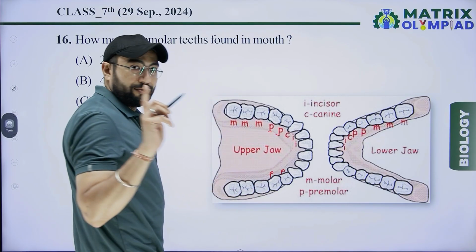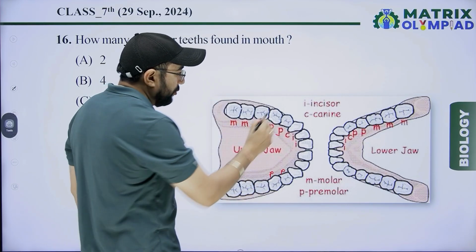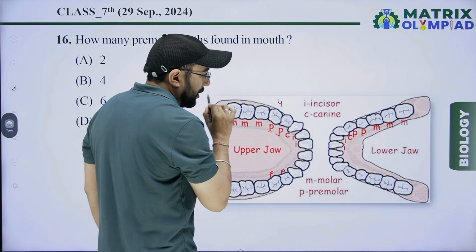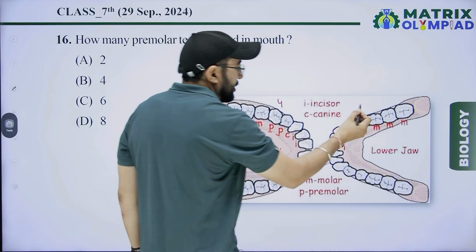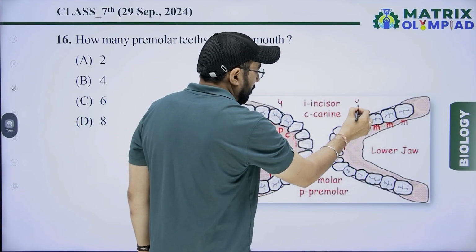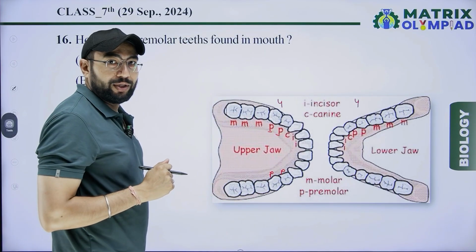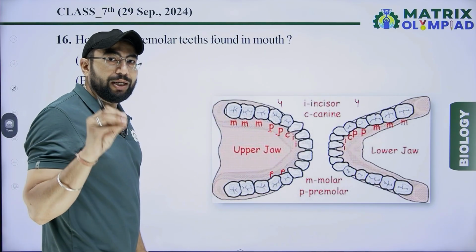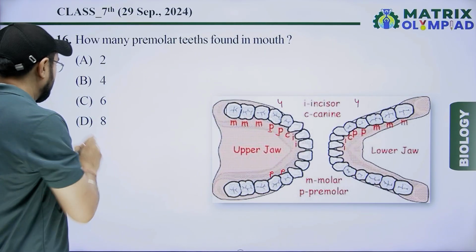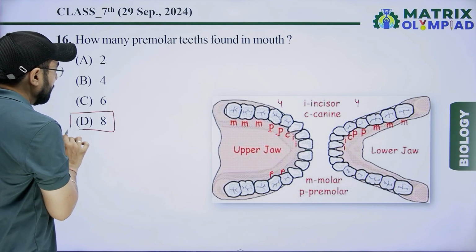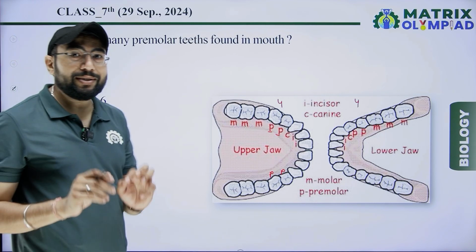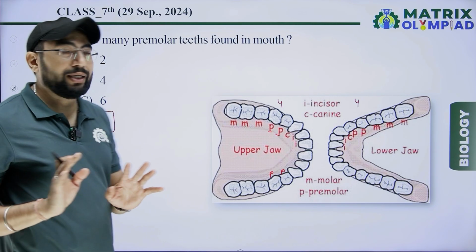So in one jaw 4 premolar teeth are present, and also in the second jaw 4 premolar teeth are present. So the total number of premolar teeth is 8. According to the question, our right answer is 8, option D.